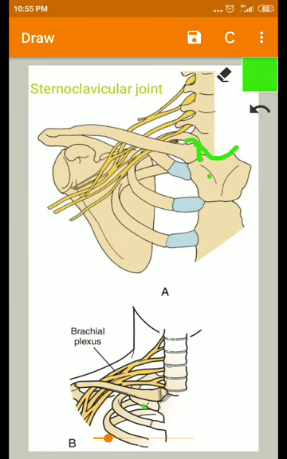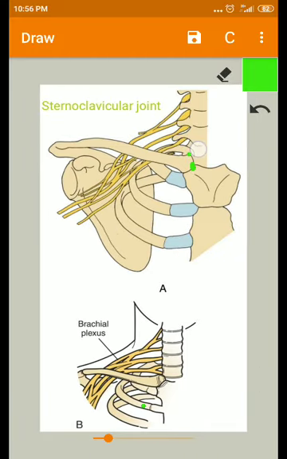Okay. At rest, the joint space is wedge shaped and open superiorly.